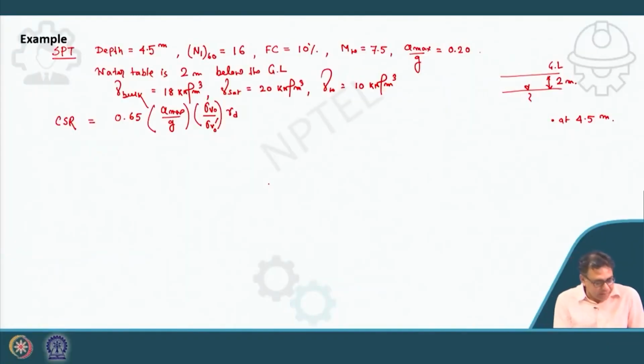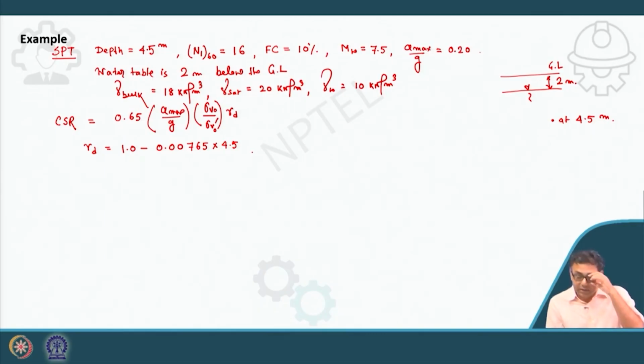So the RD expression is equal to 1 minus 0.00765 into Z. Z is 4.5 meter. This equation is valid if Z is less than 9.15 meter. So it is the case, and we will get 0.966.